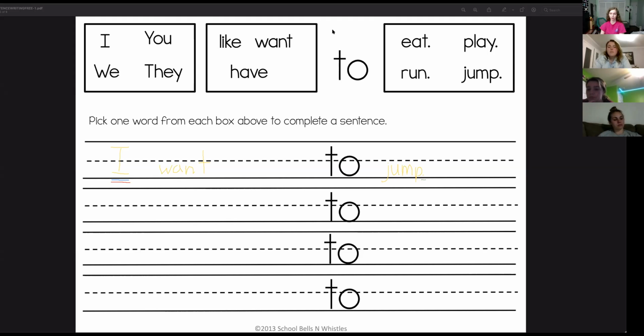Is anybody still working? No? Okay, I can go ahead and stop the timer then. And we'll go ahead and start sharing. So does anybody want to share first?